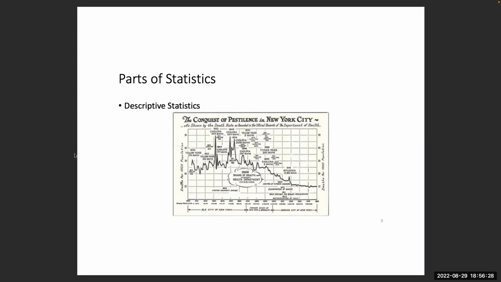So if you look at this descriptive statistic of mortality rate over time, what you see is a lot of spikes that basically reflect the outbreak of various diseases, mainly cholera, because back in the 19th century, they were not really entirely clear what caused infectious diarrhea.